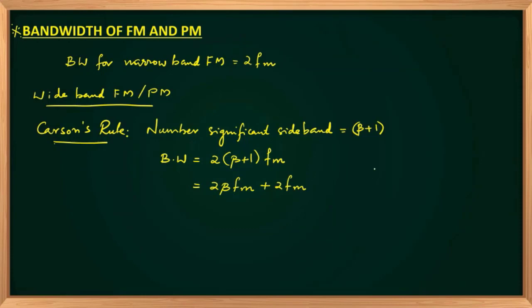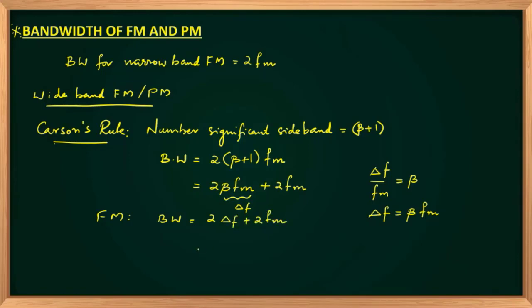We have already obtained a relation between the maximum frequency deviation delta F and the modulation index: delta F by FM equals beta. So delta F equals beta into FM in the case of FM. For FM, the signal bandwidth can also be written, with 2 beta FM being 2 delta F, as 2 delta F plus 2FM.